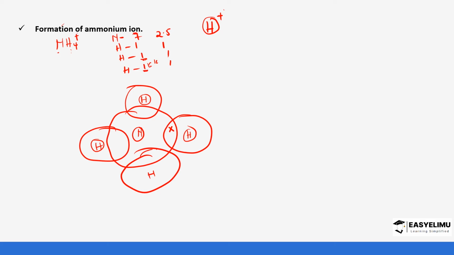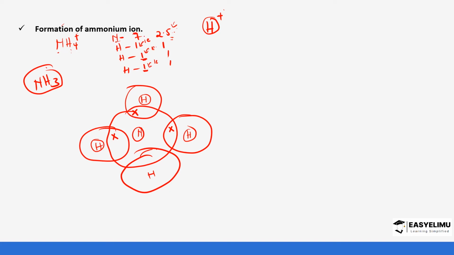The second hydrogen also requires 1 electron, so it should be willing to share 1 electron. The third hydrogen requires 1 electron as well, so it should also give out 1 electron, with nothing remaining. For the nitrogen, it's 2.5, so it requires 3 electrons to be completely full. So first we will concentrate on the ammonia, NH3, with 3 hydrogens.